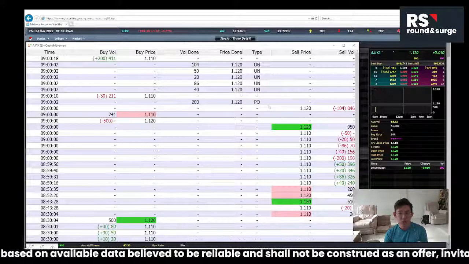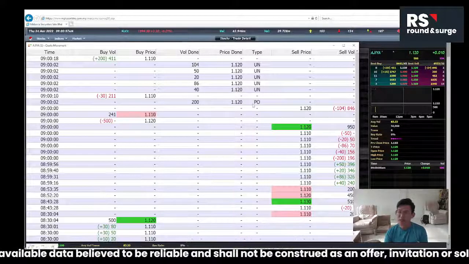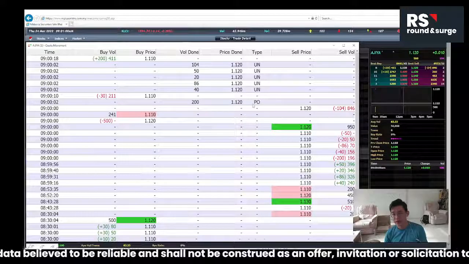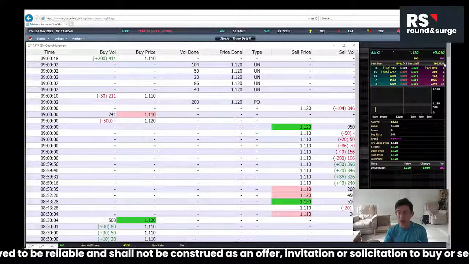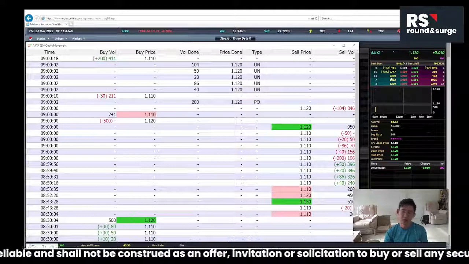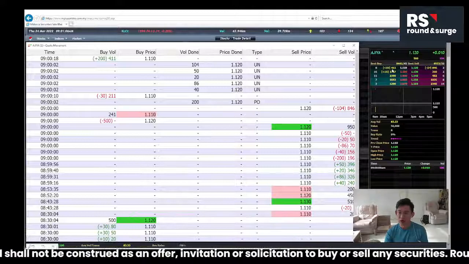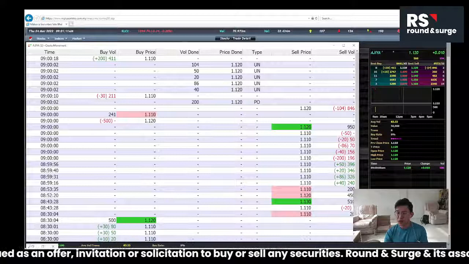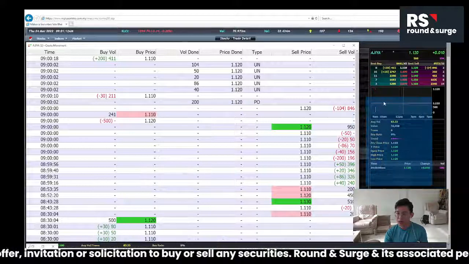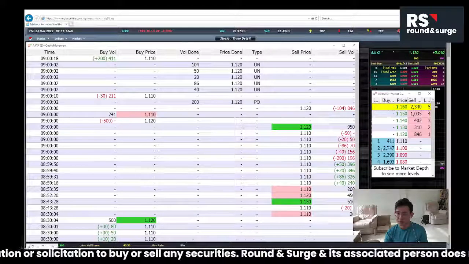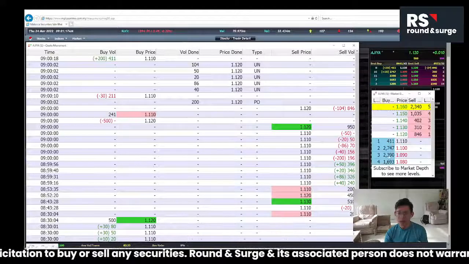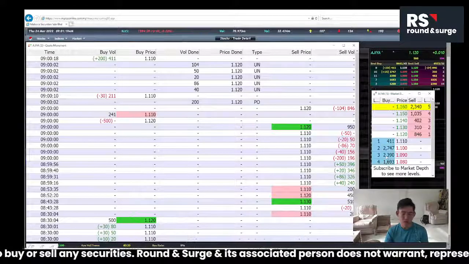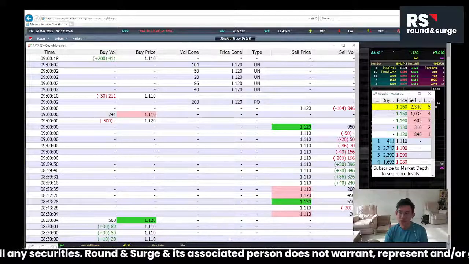We just need to wait, because let's see whether they will throw the price down first before they push the price up higher. And if you see, the best buy price here is not the same amount as the other buy prices. So we have to wait for this.